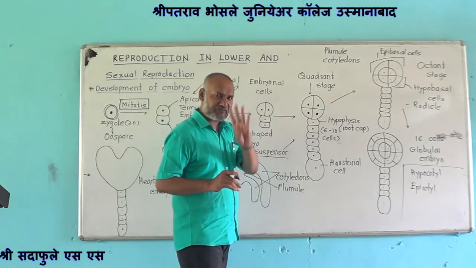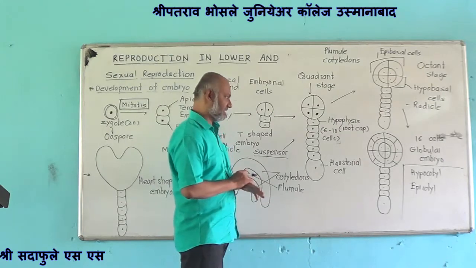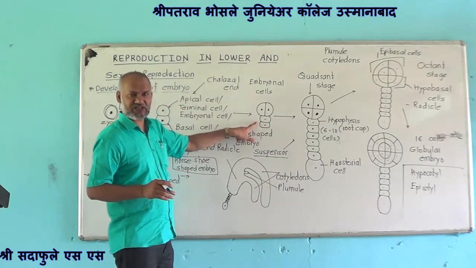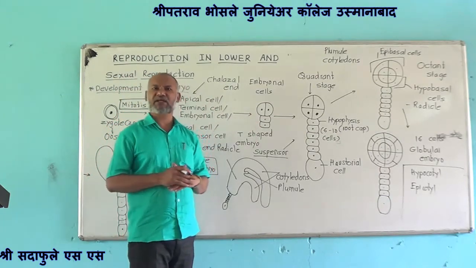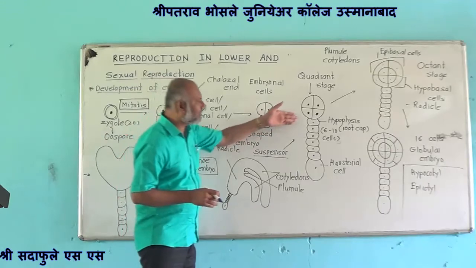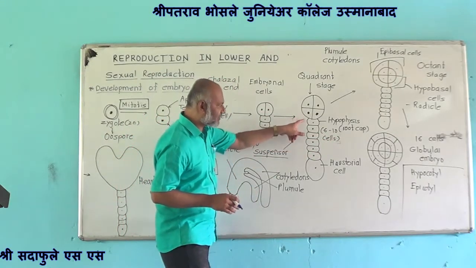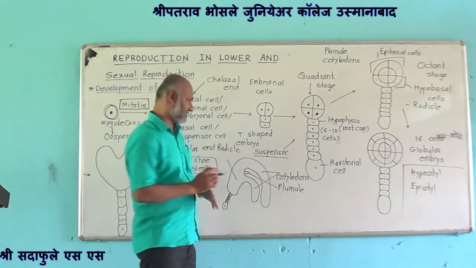This structure contains four cells and hence it is termed the quadrant stage. Similarly, the suspensor cells divide by transverse mitotic division to form a row of 6 to 10 cells, and this row is termed the suspensor.